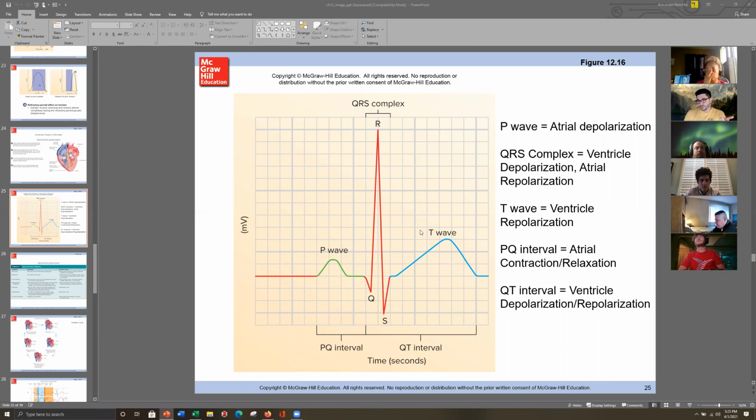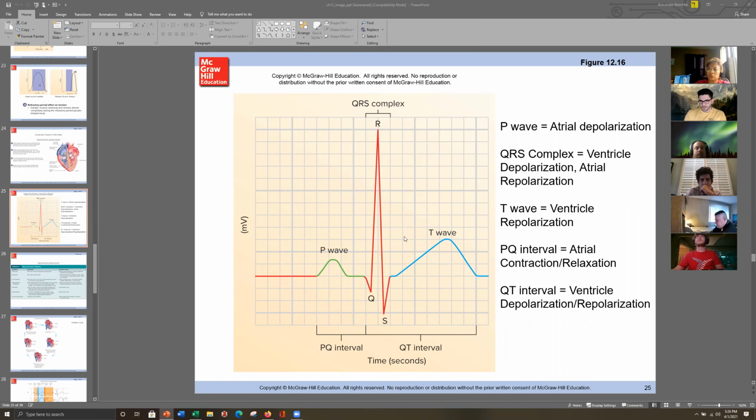So atrial diastole and then ventricular systole. So diastole meaning passive pressure. Okay. So then we've got finally our T wave, which represents our ventricular diastole, or the ventricle repolarizing and resetting.